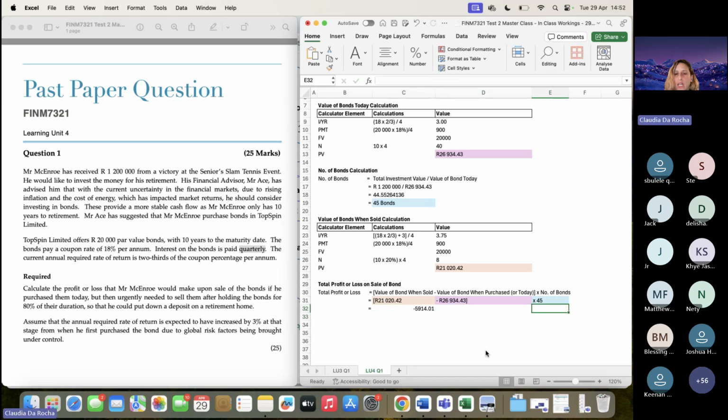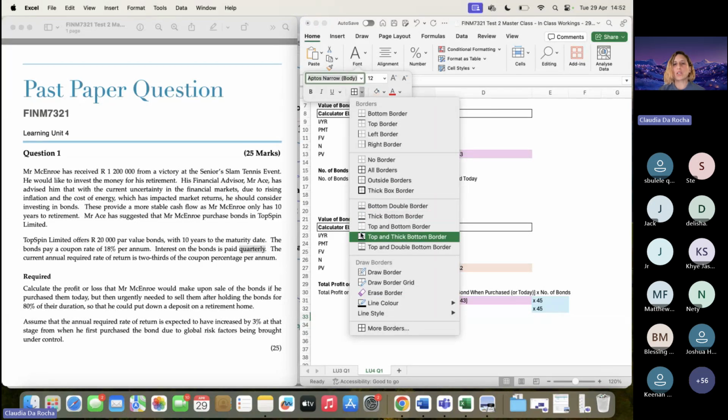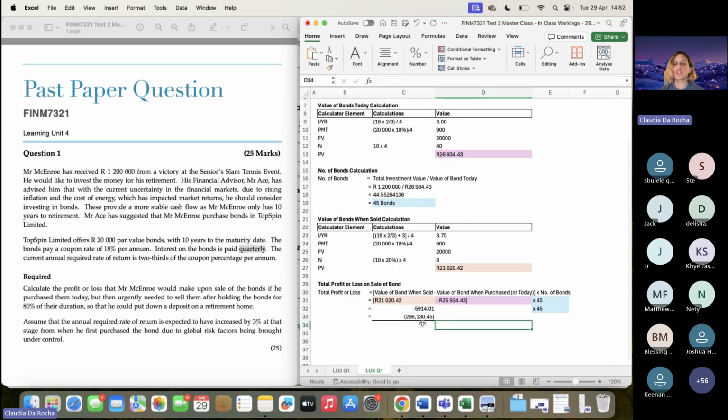And we know we're going to times it by 45. So the total loss that you make is 266,130. That is why you need to calculate the number of bonds, because you need to show what is your total profit or loss.